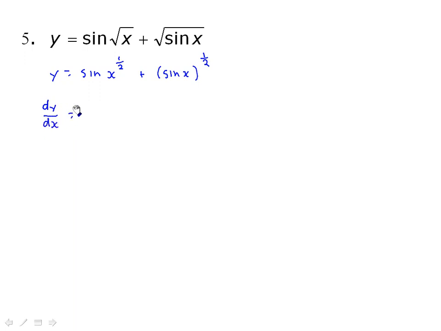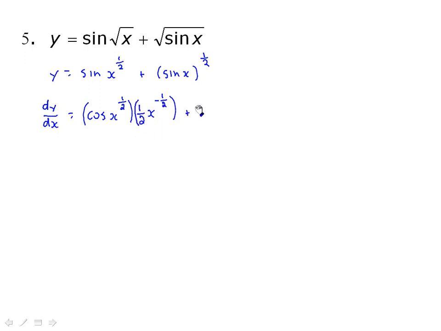Dy dx is equal to, well, the derivative of sine x to the 1/2 is cosine x to the 1/2 multiplied by the derivative of the inner, which is, okay, let's be real careful with this. The derivative of x to the 1/2 is 1/2 x to the negative 1/2. So I didn't bother writing the d dx. Now it's a judgment call, but I hope that worked out for us.